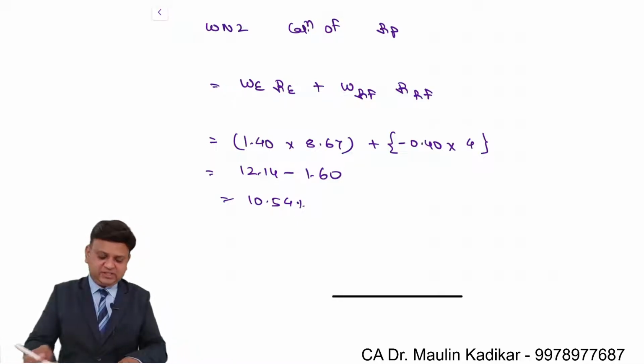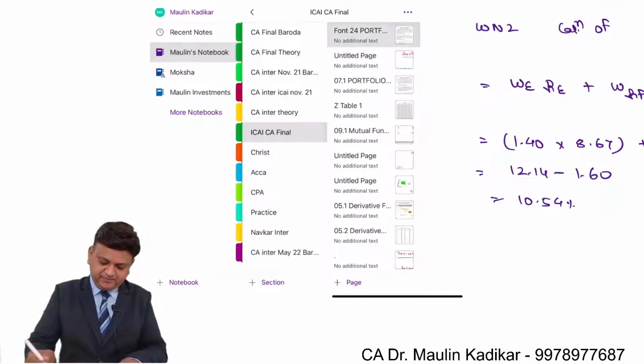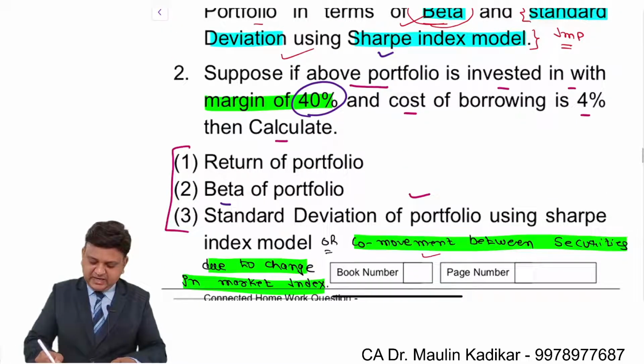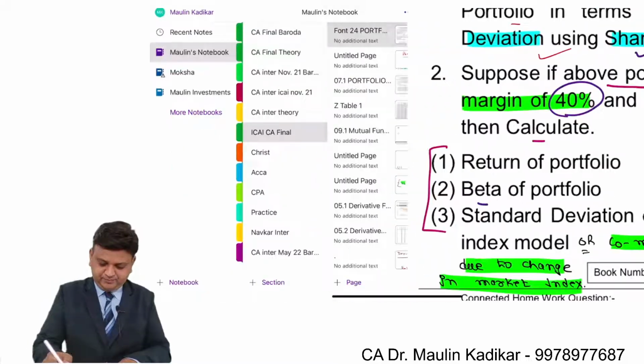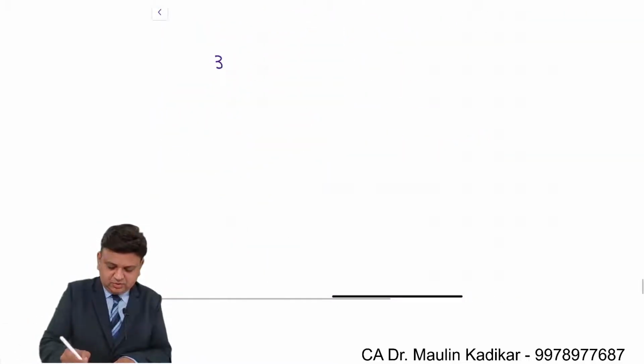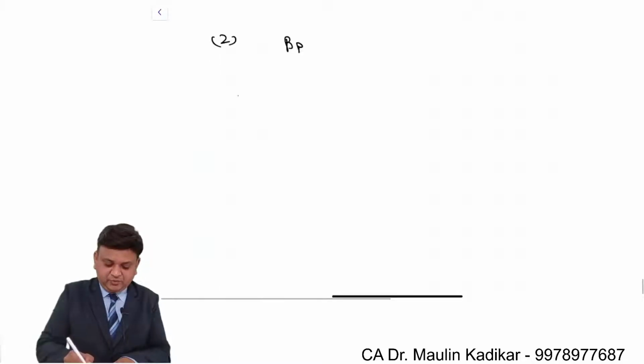The remaining two answers are also very simple, friends. The question says that you're required to compute the beta and standard deviation. So the second question says that you're required to compute the beta of the portfolio. Beta of the portfolio will be found again by simple weighted average.